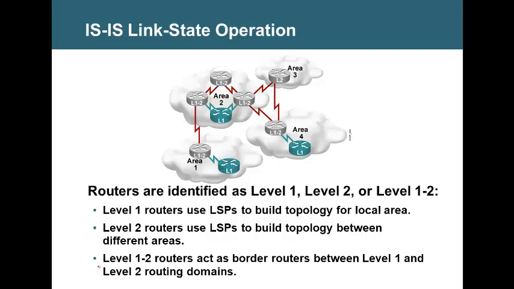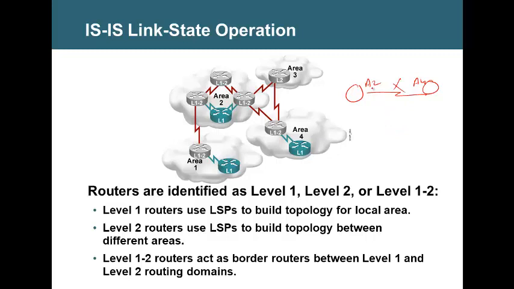This is area 2, this is area 0. Can they form a neighbor? In OSPF, it is not possible. If you have one end of the wire in area 2 and the other end in area 0, they cannot form a neighbor.